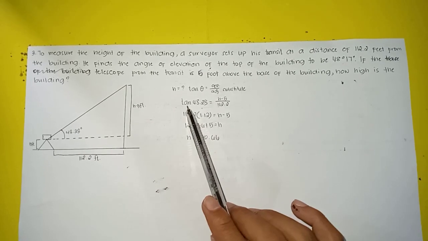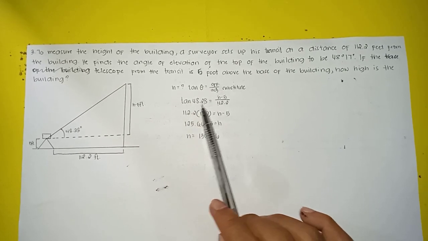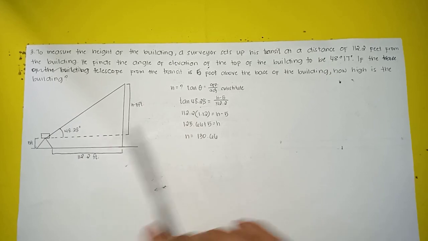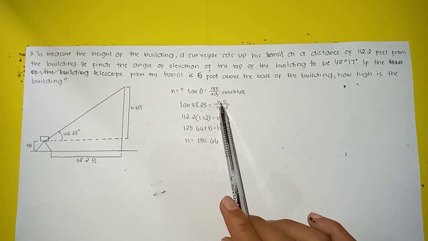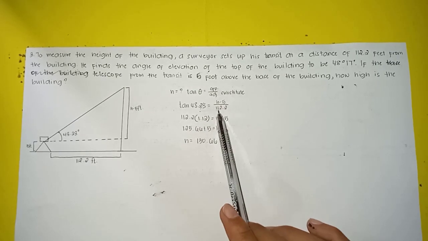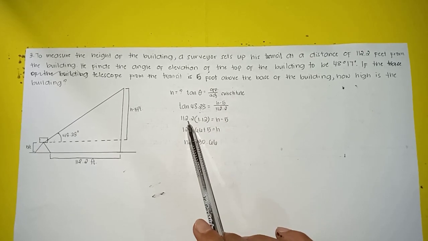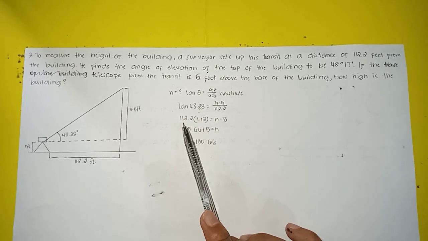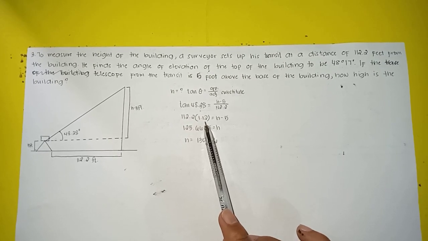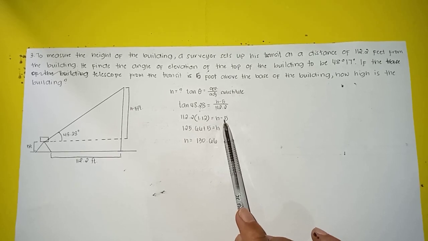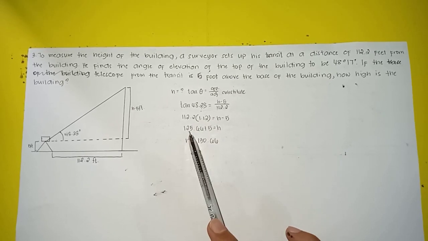We'll substitute. Then tan 48 degrees 17 minutes, it is theta, equals h minus 5 over 112.2. Then 112.2 times 1.12 is equal to h minus 5.